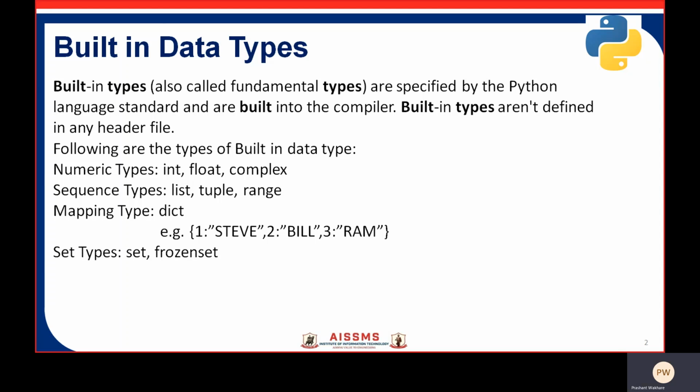The next data type is the set types. First one is the set and the second one is the frozenset. A set is a mutable, unordered collection of distinct hashable objects.